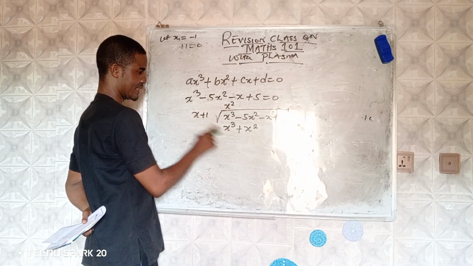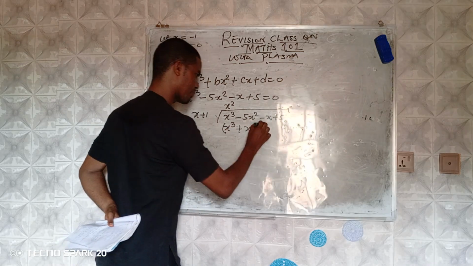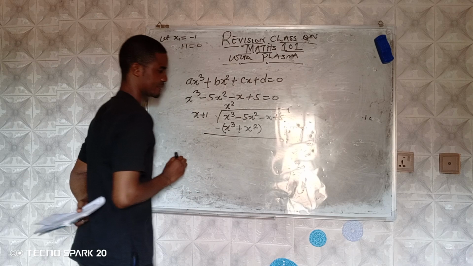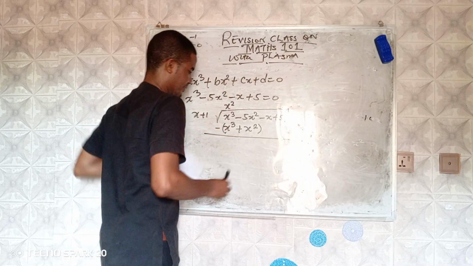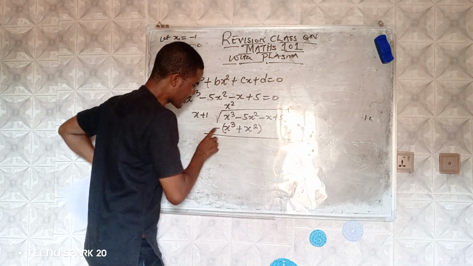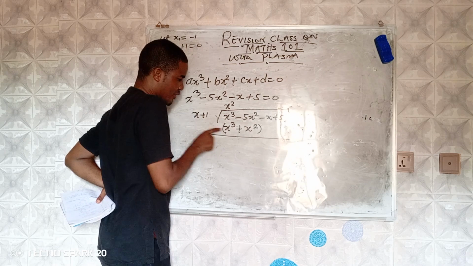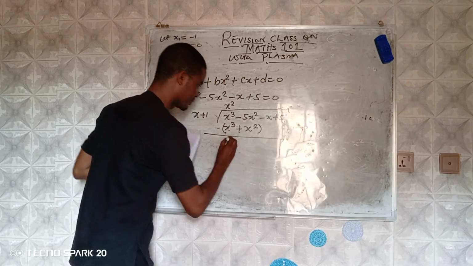Then close this and put minus outside. Now, minus times x cubed has become minus x cubed. So x cubed minus x cubed, 0.